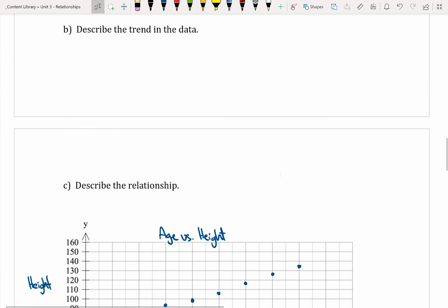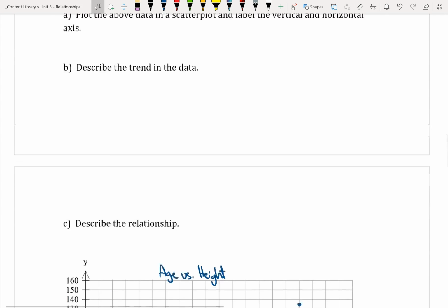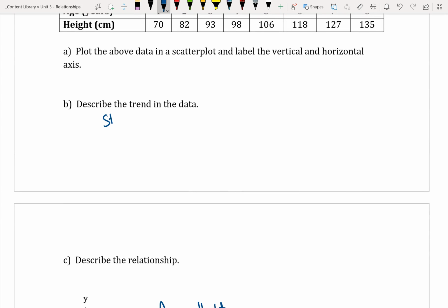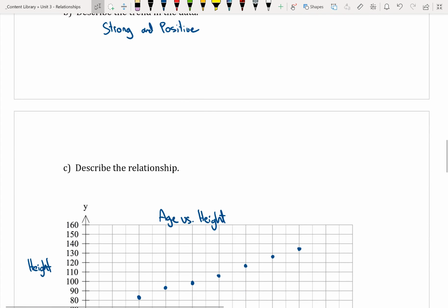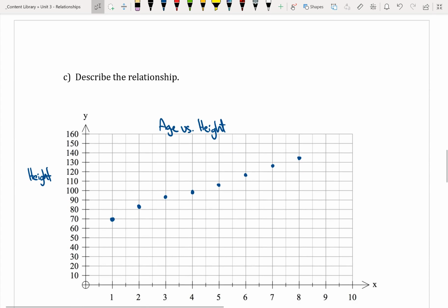And if we go back up to B, we want to describe the trend. And the trend is that it is a positive trend. You could say it's strong and positive. Because again, it's going up and to the right. Now to describe the relationship, again, we could say that it's strong.